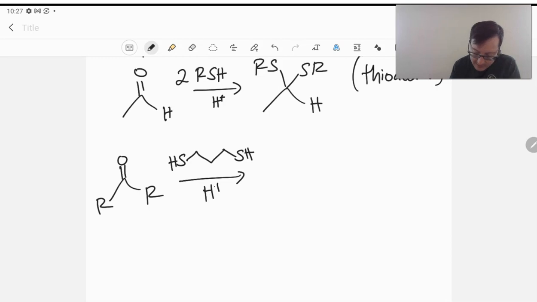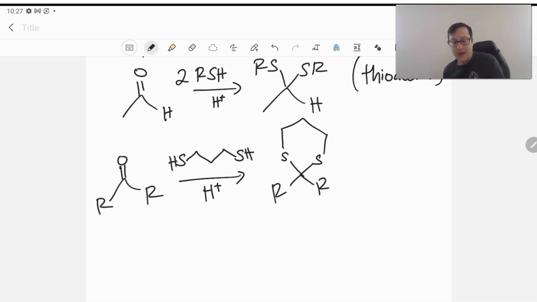And some catalytic acid, can even be a Lewis acid, doesn't even need to be a Bronsted acid, we end up with the following. And so just like before with the cyclic ketals or acetals, we can make this, use the same molecule.